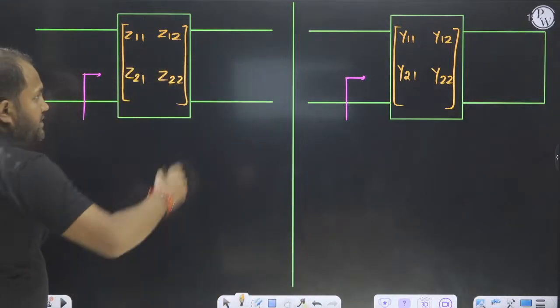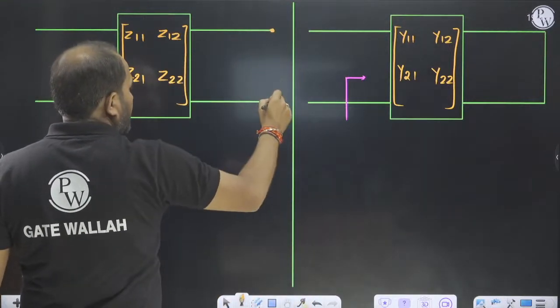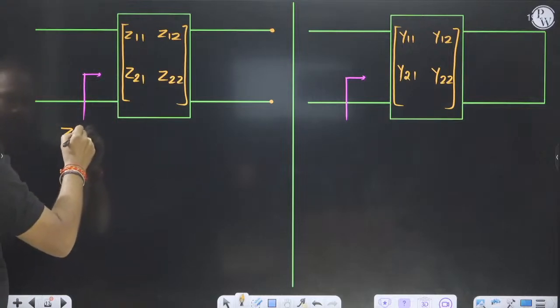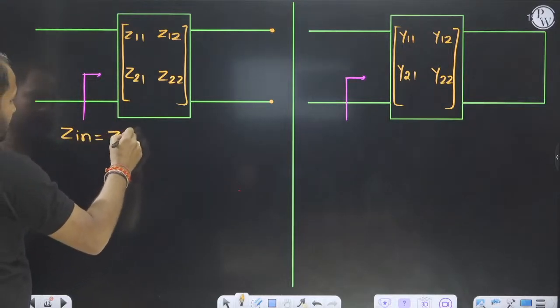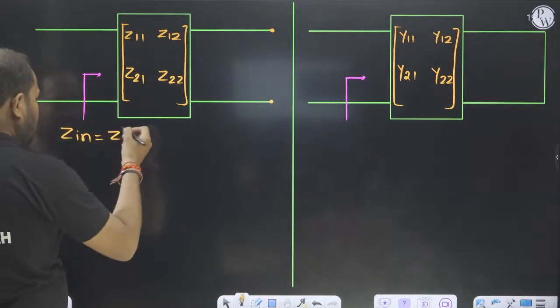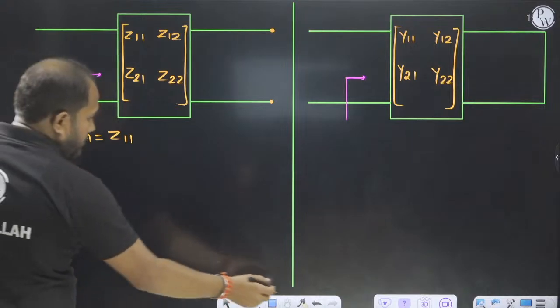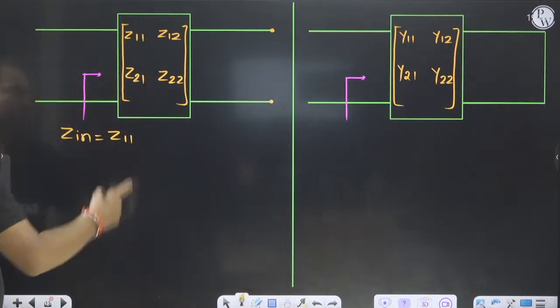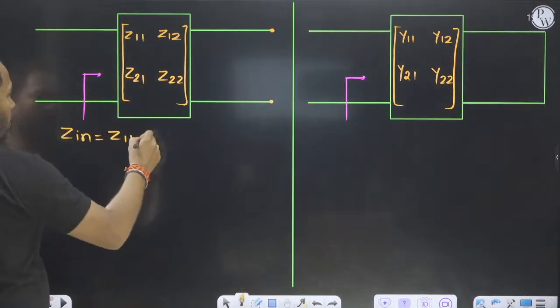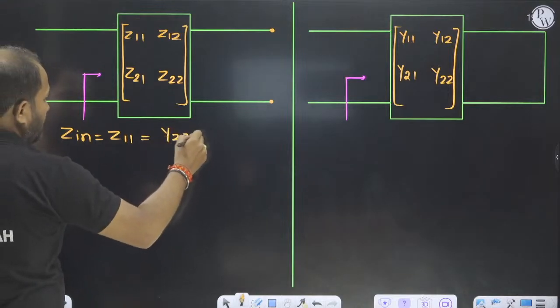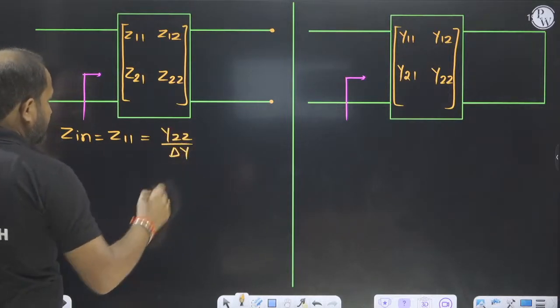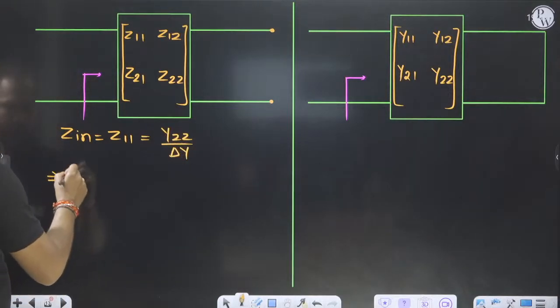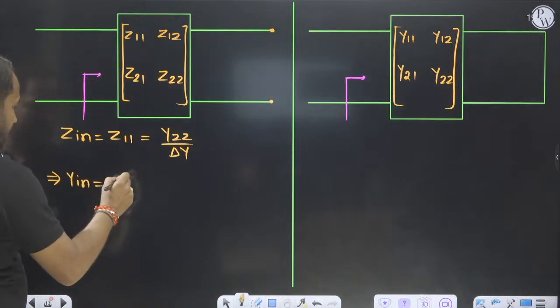In case of open circuit, what will happen? Zin will be equal to Z11, or it will be written as Y22 upon delta Y, and Yin will be written as delta Y upon Y22.